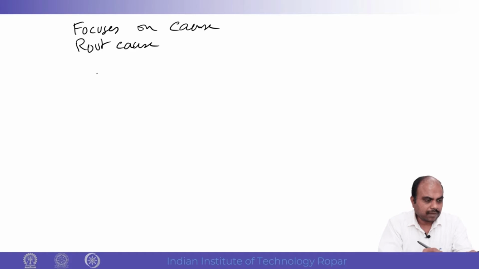The main intention is to work on this root cause, change it, get the solutions and then remove this cause. So ultimately we get an improved effect or solution. So cause, eliminate, then we get the effect which we need.